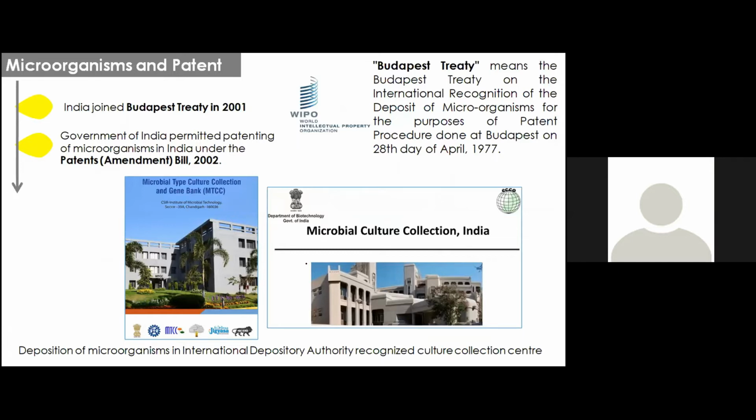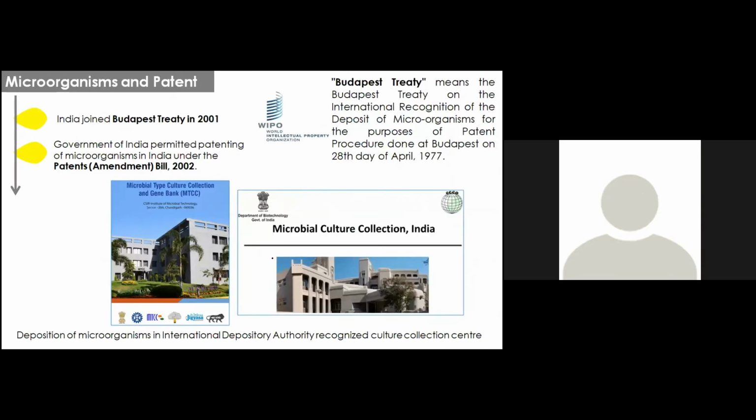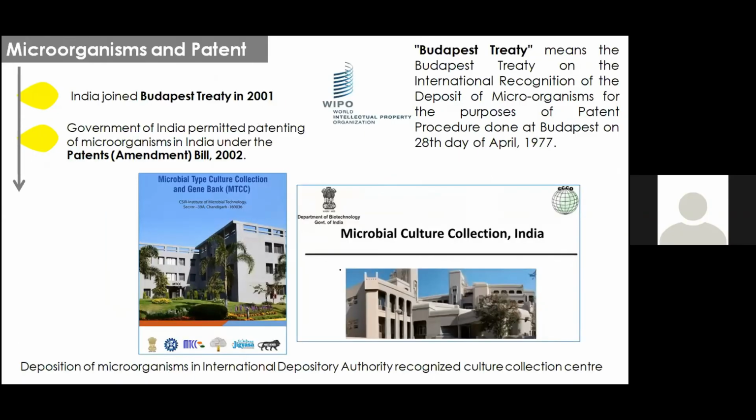The Budapest Treaty is a treaty for the international recognition of the deposit of microorganisms for the purpose of patent procedure. The Budapest Treaty was first formulated in 1977 in Hungary. However, India became a part of it in 2001.